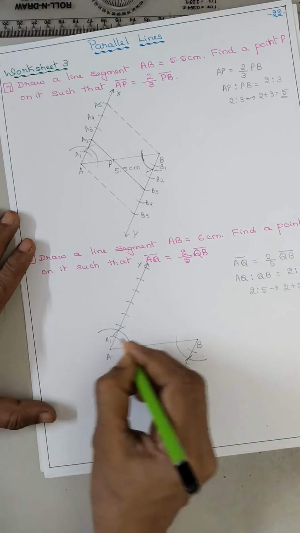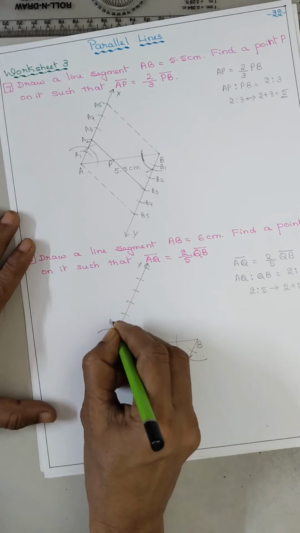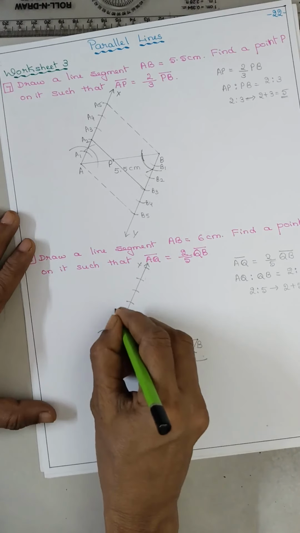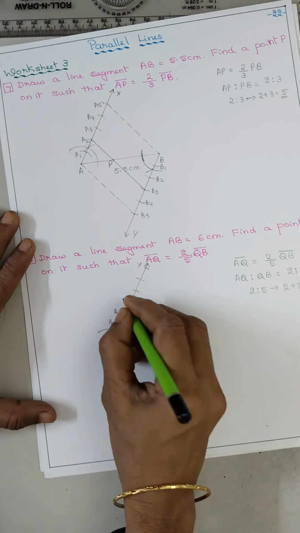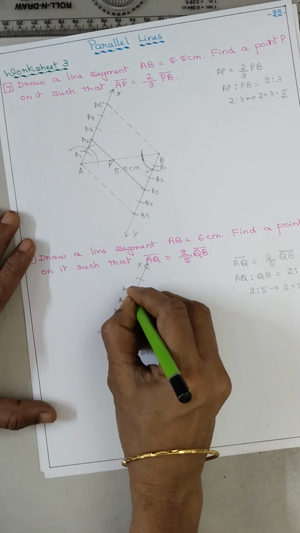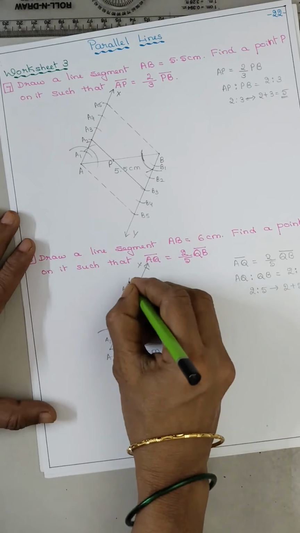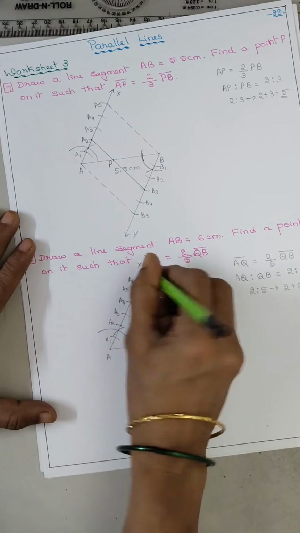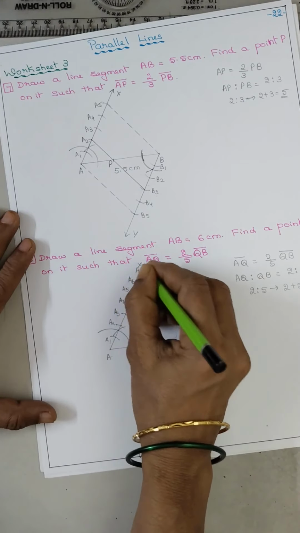Now give the names. It's A1, A2, A3, A4, A5, A6 and A7.